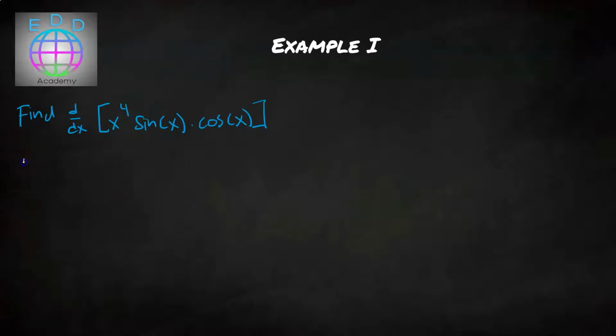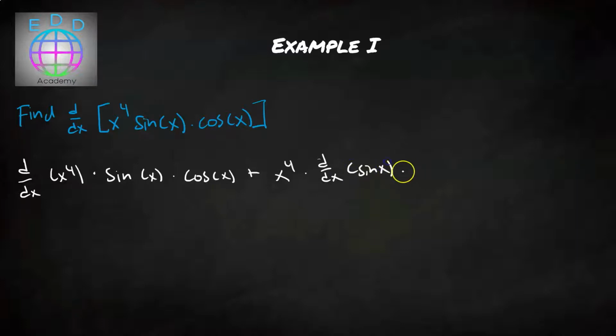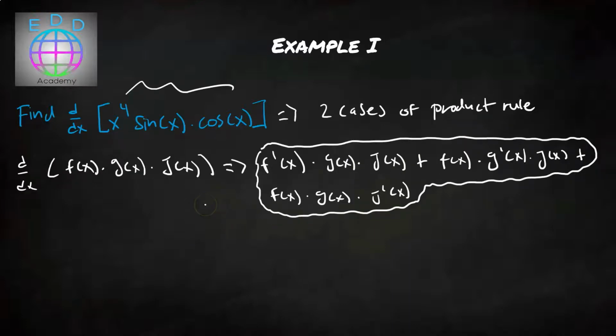In this case, we have the derivative of x to the fourth times sine of x times cosine of x plus x to the fourth times the derivative of sine of x times cosine x plus x to the fourth times sine of x times the derivative of cosine x, pretty much fitting the exact same form we looked at here.